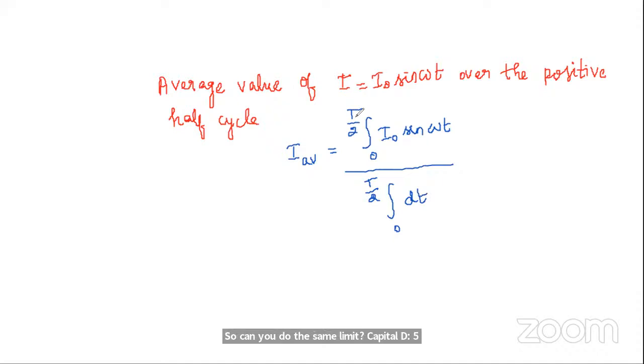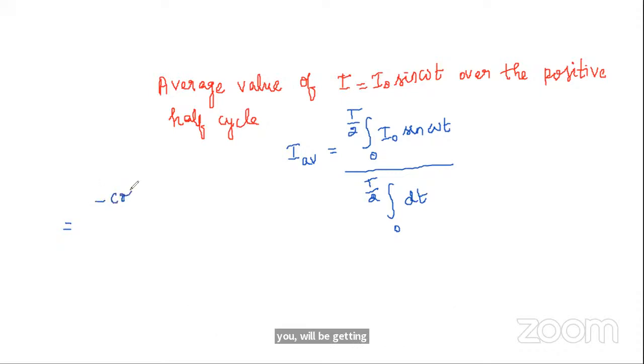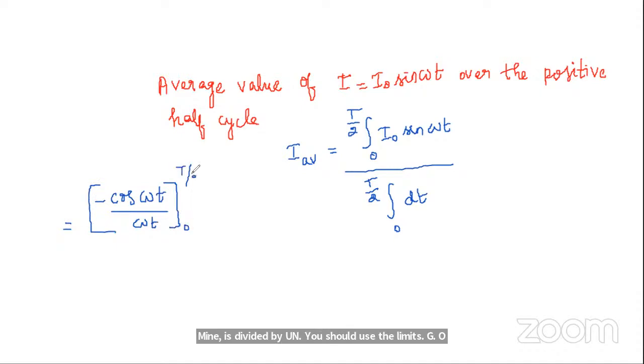And now when you integrate this, what will you get? For the numerator, you will be getting minus cos omega t divided by omega, with the limits 0 to T by 2, into I naught.